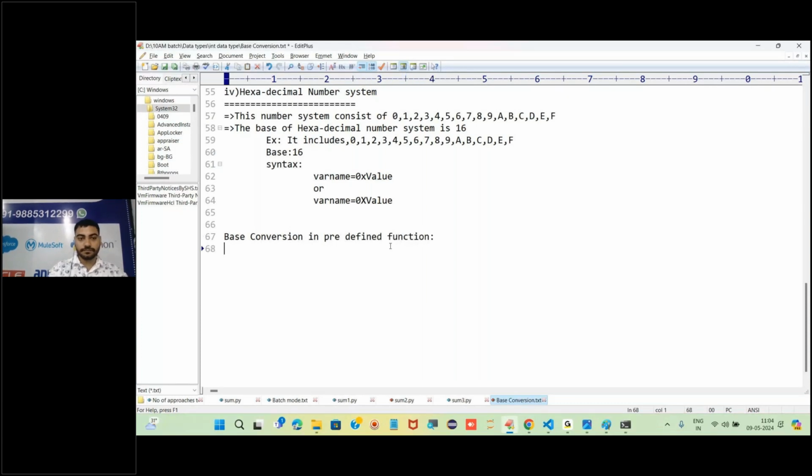What are they? First one is bin of. This is one of the predefined functions. Second one is oct of. Third one is hex of. Let me show you hex also.